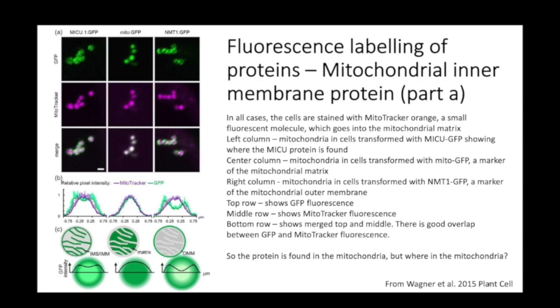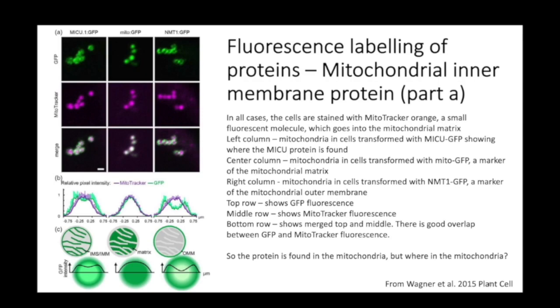And as you can see, there's very good overlap between the GFP and the mitotracker fluorescence, which is good. So they're all mitochondria, all the little green dots at the top. So, yes, it is mitochondrial.